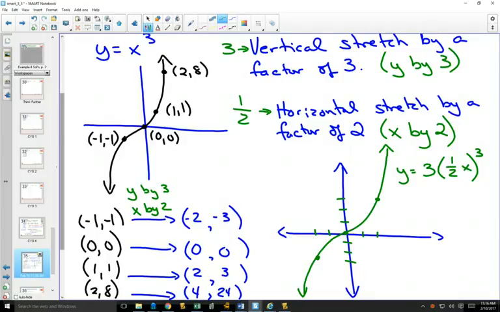I need to label some points, because even though it may seem obvious that I've gone over 2 and up 3, we haven't given any indication what those marks mean. I could have gone by 2s, right? This could mean go over 4, up 6. So we need to indicate what our scale is on this graph.